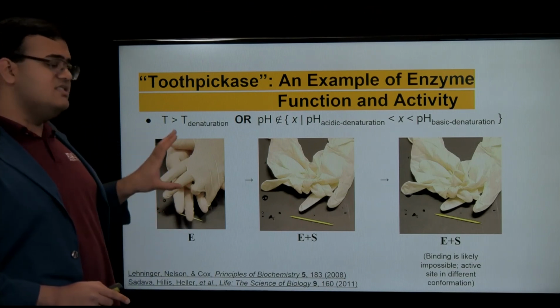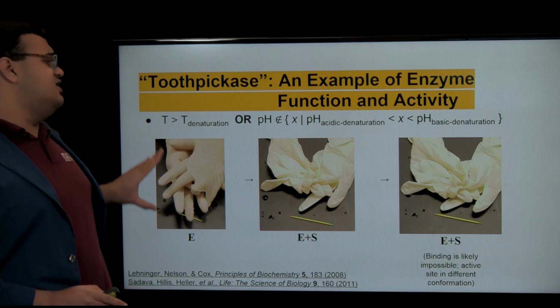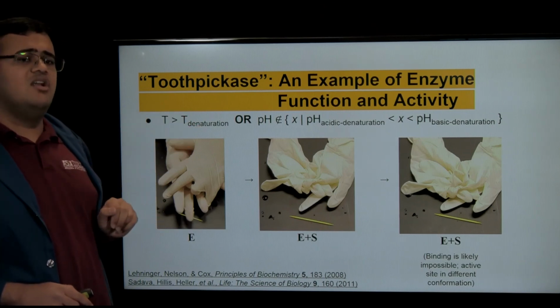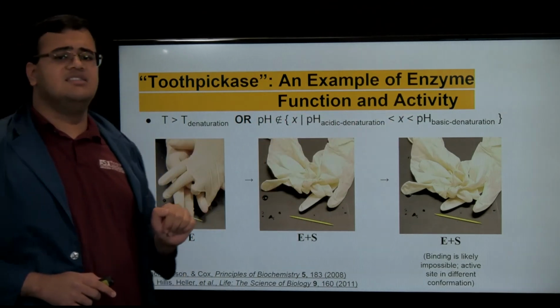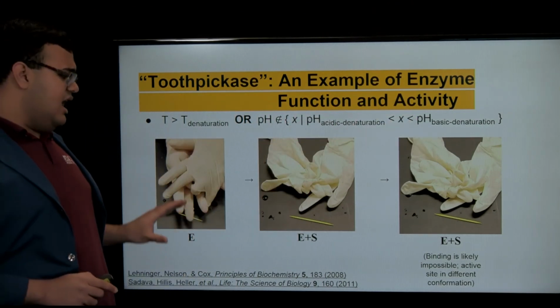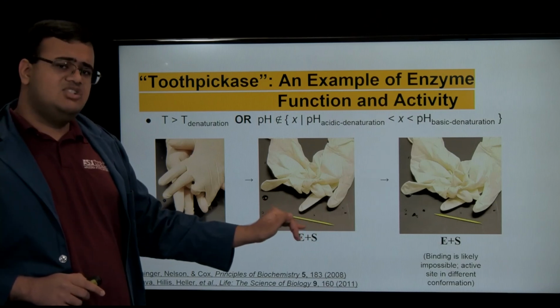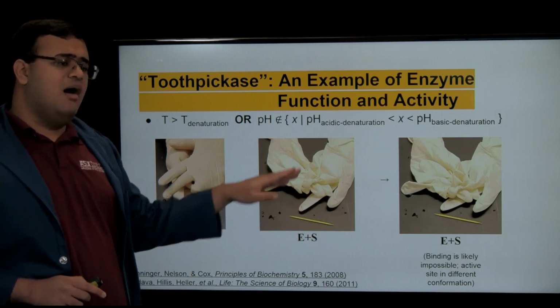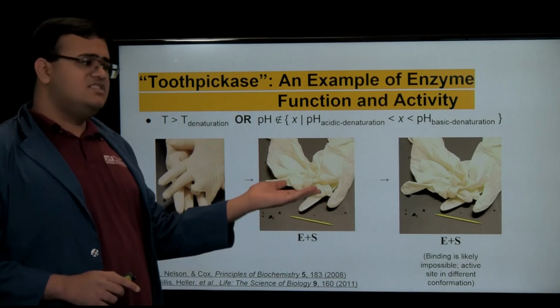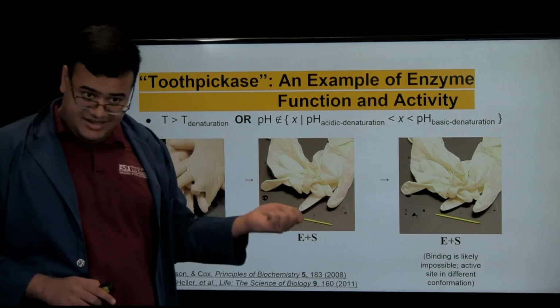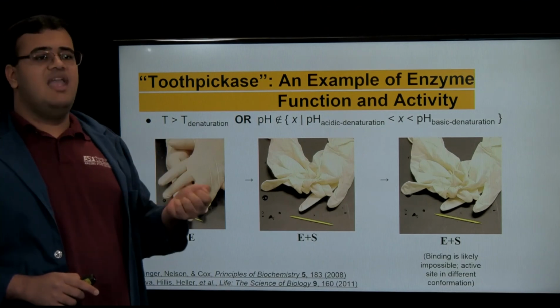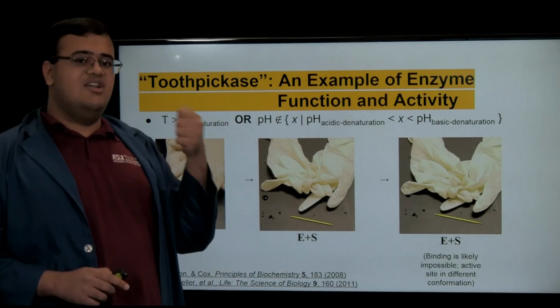So here we have our enzyme, and see, it's getting kind of jumbled because we're above the temperature called the denaturation temperature, or our pH is out of the enzyme's optimal range. Okay, well, if we add substrate, the enzyme can't really bind the substrate. Its active site has changed shape. Before, the enzyme, pun intended, fit the toothpick like a glove, like a really good handshake.